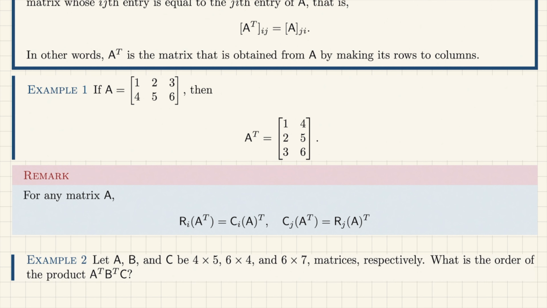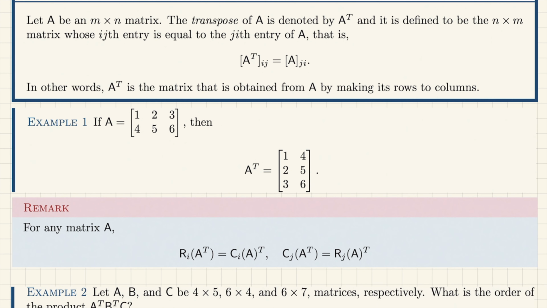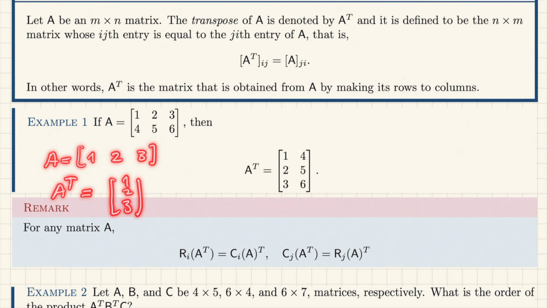So this tells you that the ith row of the transpose matrix is equal to the transpose of the ith column of A. So for example, and by the way, this is also a good example, if I give you this matrix 1, 2, 3, what is its transpose? Yes? 1, 2, 3, but written in the column form. And of course, if I give you this column, and I ask you what's the transpose, it becomes the row form. Yes?